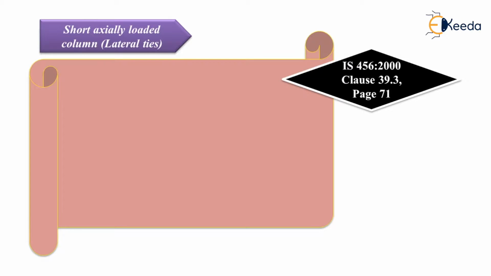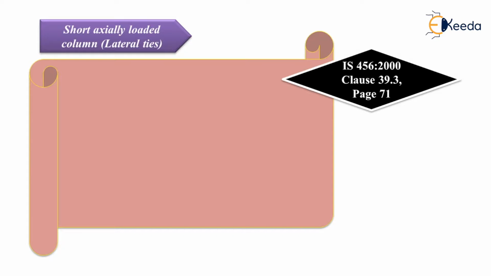So, IS 456-2000 states in clause number 39.3, which is on page number 71, that the members shall be designed by considering the assumptions of limit state of collapse in compression and the minimum eccentricity.